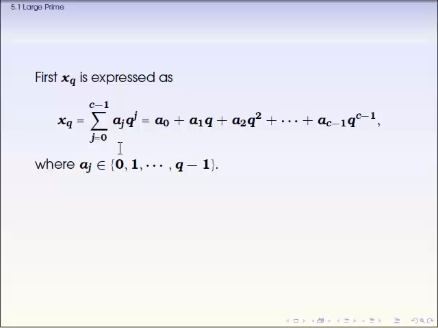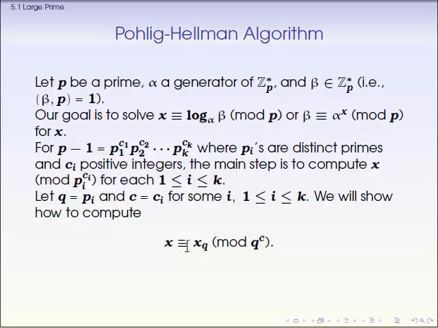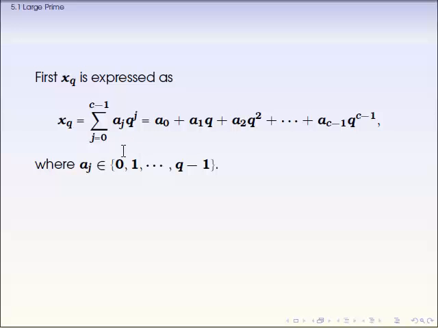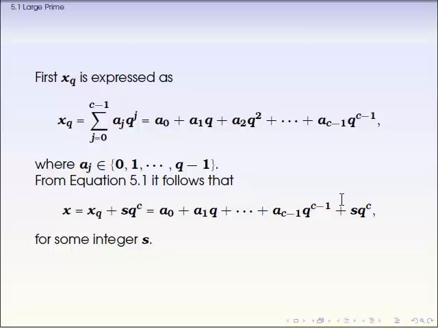Another thing is that the coefficient a sub j for each power of q must be from 0 to q minus 1, because if any a sub j is q or more, then we should change it, since we are looking for just congruency with that power. So all we need is 0 to q minus 1 for these coefficients.